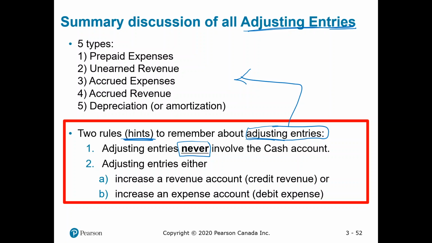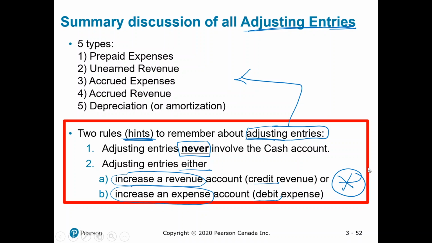And as well, the adjusting entries are either increasing a revenue, so they would credit revenue, or they will increase an expense, so debit an expense. So we will always have one of these 2 going on.